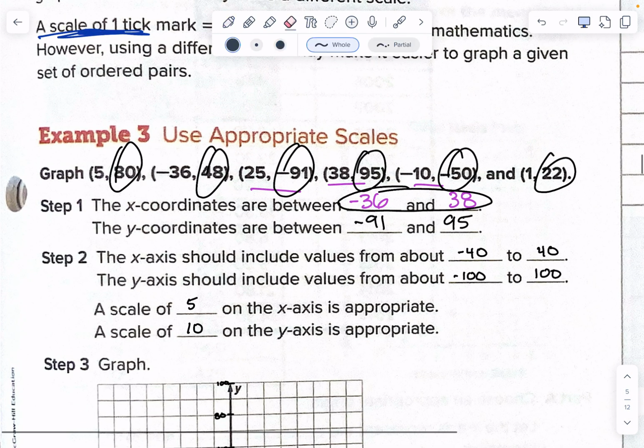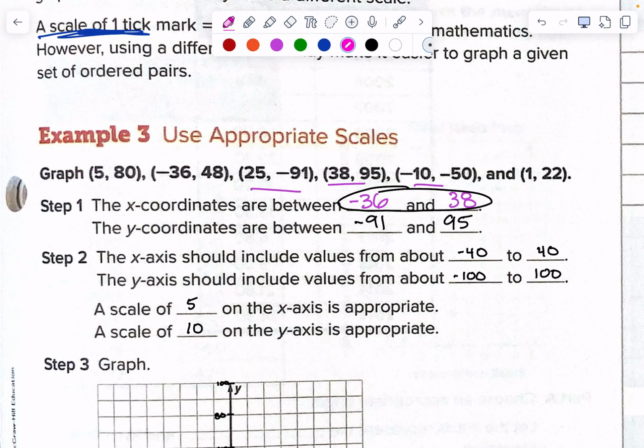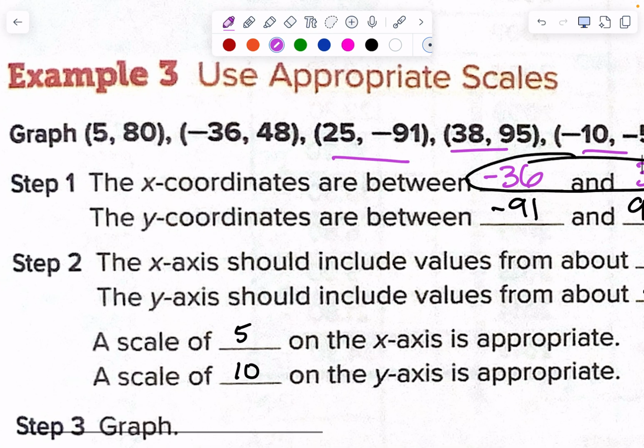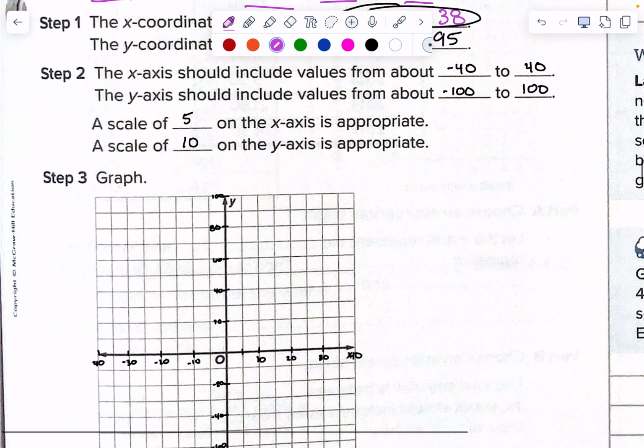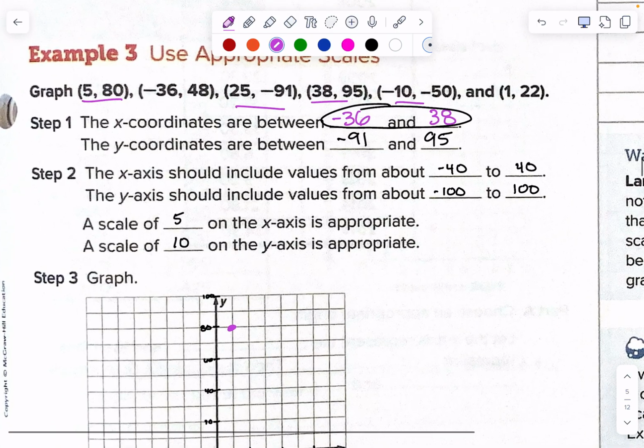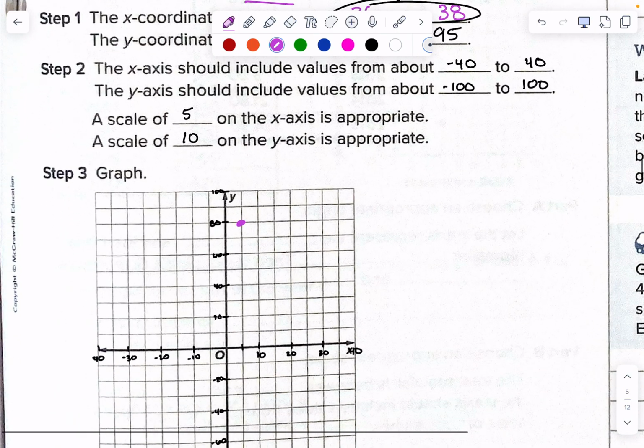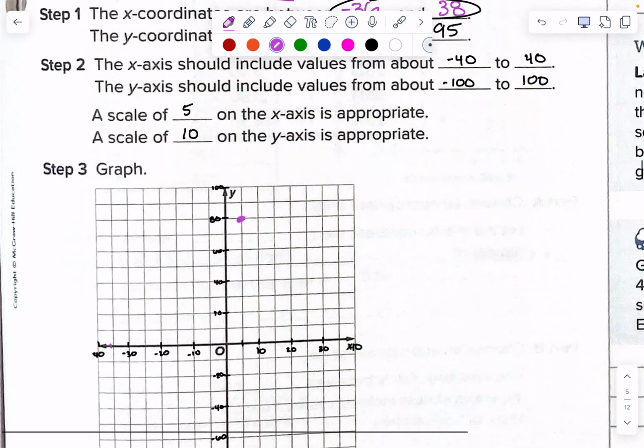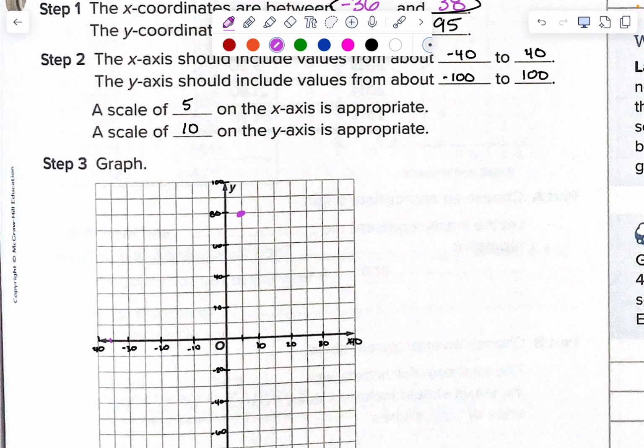Okay, we've got, how many points are we plotting? Six of them? All right, (5, 80) is the first one. 5 comma 80 is a perfect spot right there. Over 1 and up like 80. Yeah, that's (5, 80). Negative 36 is like there, and 48 is up to about there.